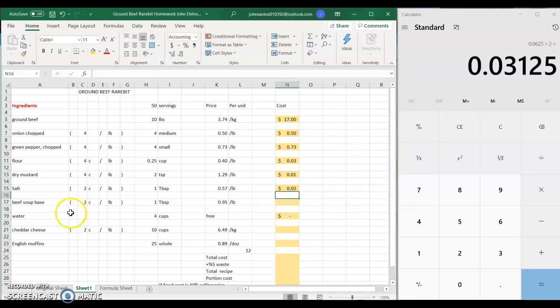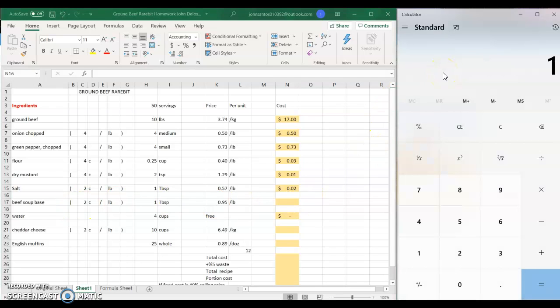Beef soup base. Again, we're given in tablespoon, and we need to convert it into pounds. So, same thing. 1 tablespoon is equal to 16 tablespoons for it to be converted into cups. So 1 divided by 16, that will give us 0.625 cup. Then we have to convert it again using this method to convert it to pounds.